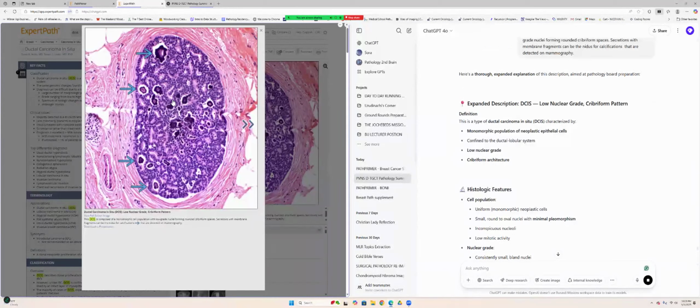Are you ready? Okay. Can you describe this? It's a neoplasm.